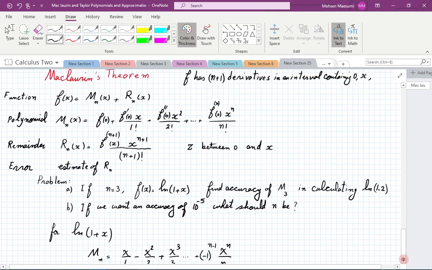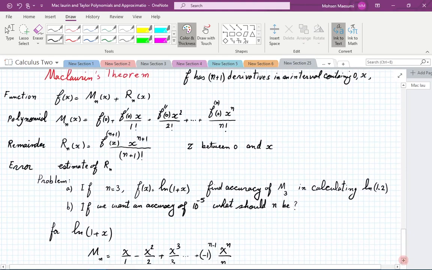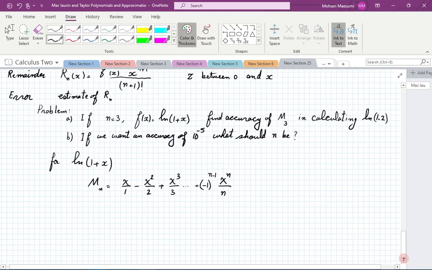Okay, next question is, what is the remainder? That's what is going to determine what our error is going to be. But before we do that, let's do the simple one. Suppose we are told to use 3 terms, the last term being power 3. Since we are looking at the logarithm of 1.2, setting 1.2 equal to 1 plus x tells you that x is 0.2.